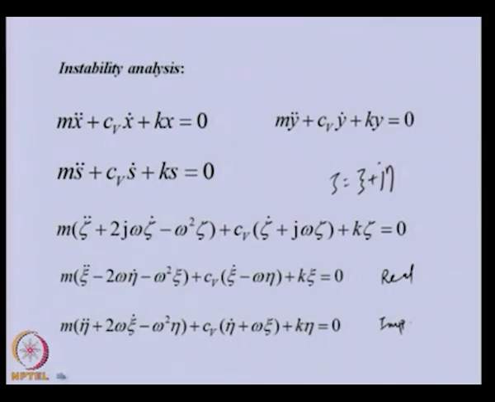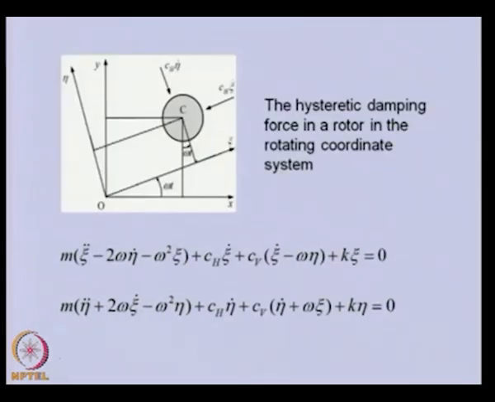Now coming to the hysteretic damping, here this is the xi direction, this is the eta direction. We have earlier noted that the hysteretic damping, or internal damping, acts proportional to the rate of deformation of the shaft, because this coordinate system xi and eta is attached to and rotating with the spin speed.